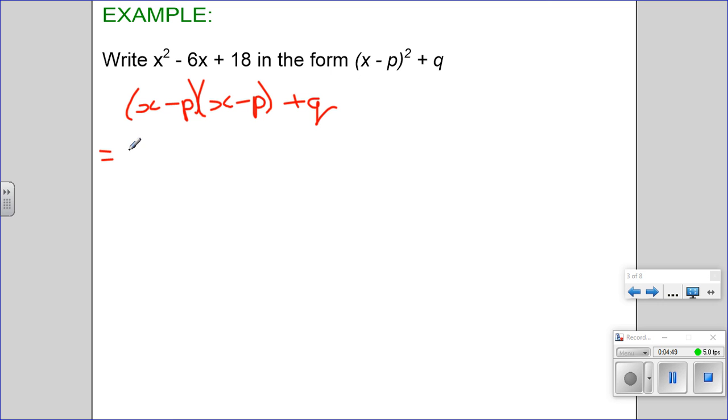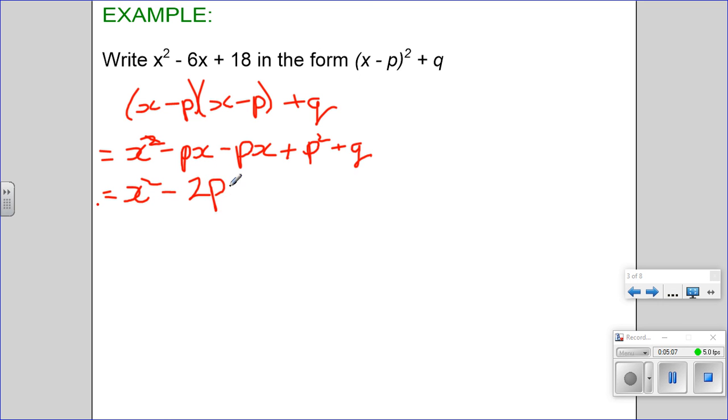If I multiply this out, I get x squared minus px minus px plus p squared plus q. Collecting my like terms, I'll get x squared minus 2px plus p squared plus q.